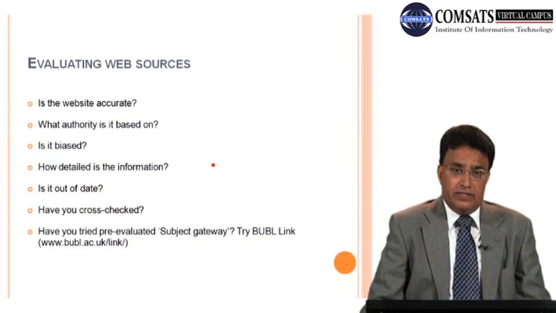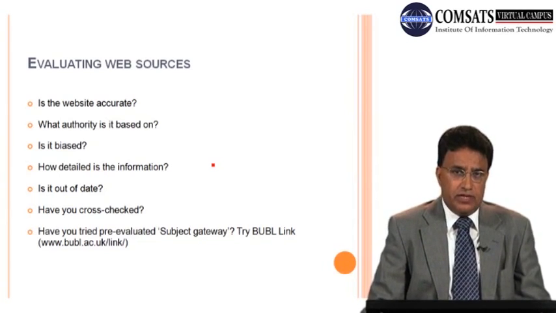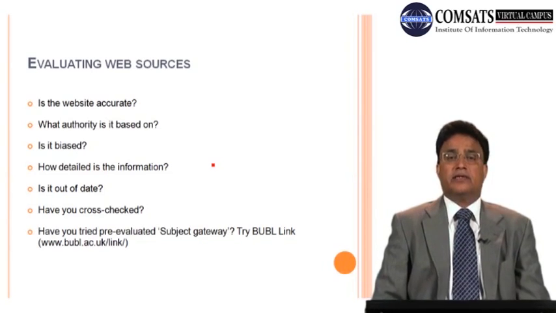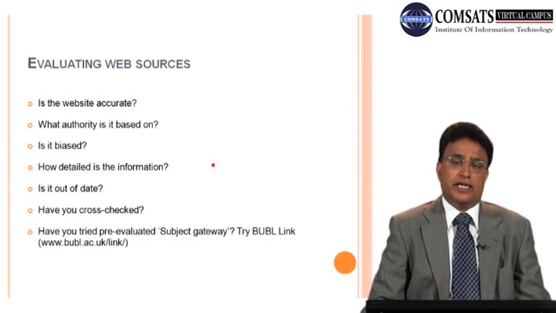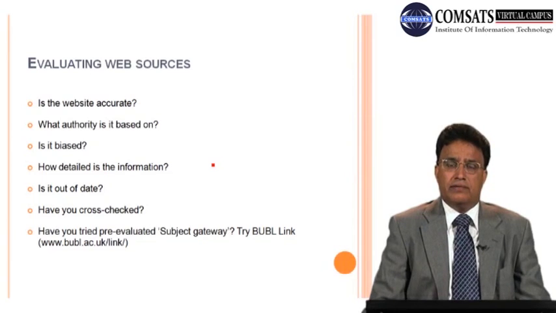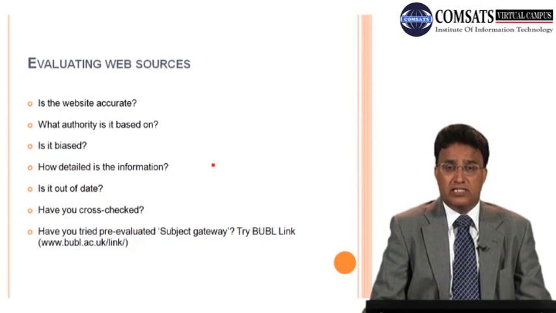And number 7, you need to cross-check. Information you get from any source on the internet should be cross-checked, meaning it should be compared with information in hard copy, such as an encyclopedia, a dictionary, or subject-specific textbooks.